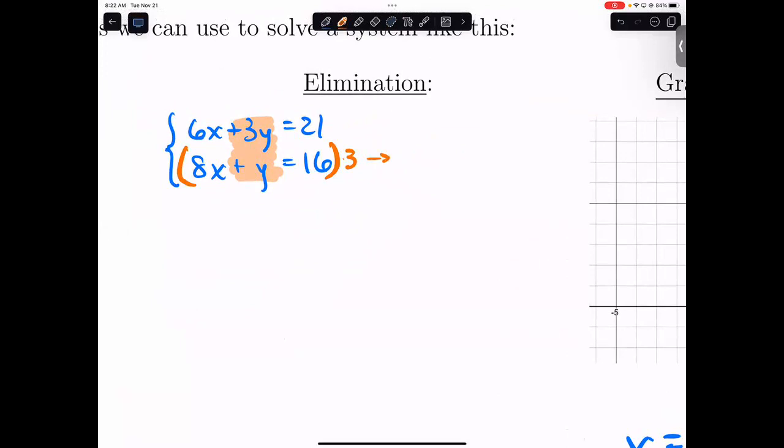Okay, so if I multiply this by 3, I get 24x plus 3y equals 48. I'm not doing anything to the first equation, just leaving it alone.